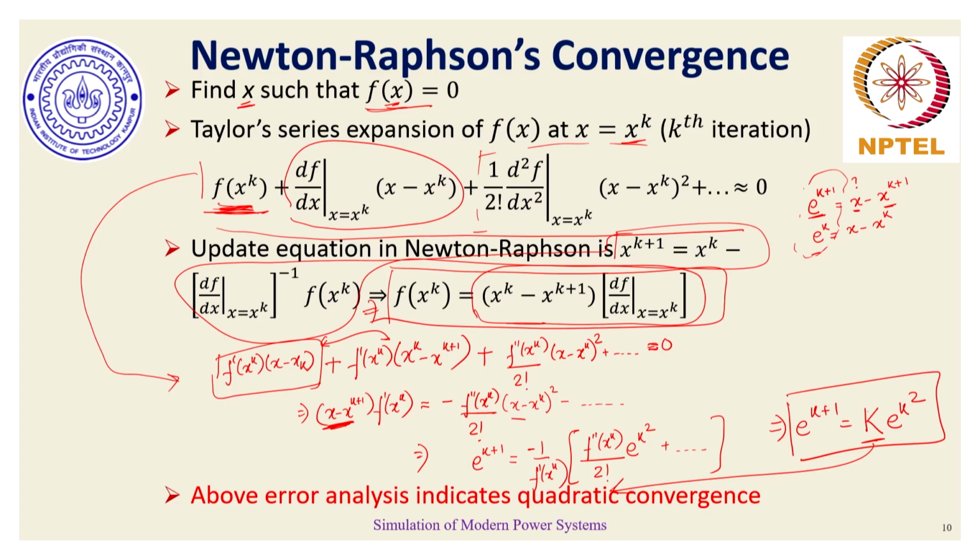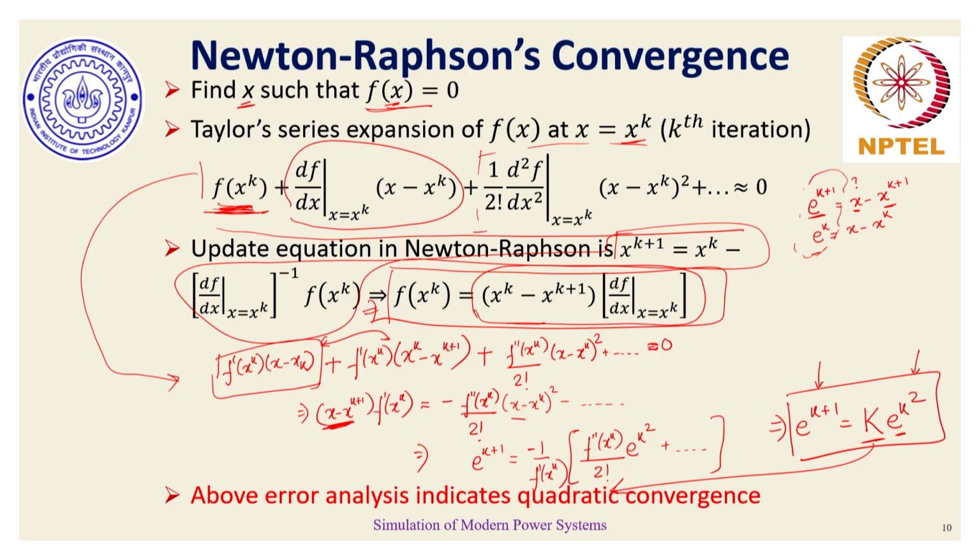What do we see here? In this case, the next iteration error is actually the square of the error in the previous iteration. So, if our initial choice is good and the error starts going down, that means if the error is less than 1, the square of a number which is less than 1 will be further less than 1, closer to 0.